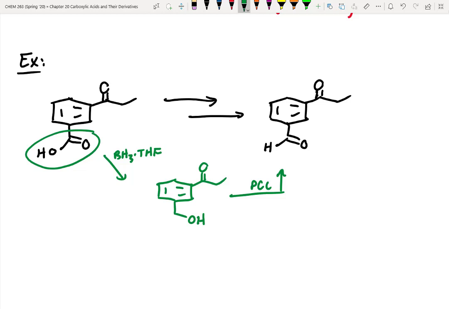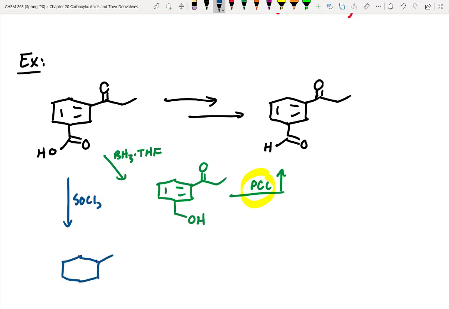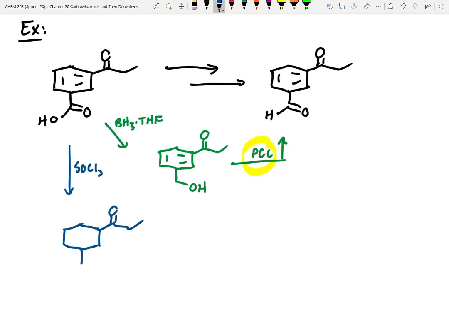The main downside to this is PCC still uses chromium-6. It's pretty nasty stuff. So a workaround now is to react this with SOCl2, convert it to the acid halide, so this would exclusively convert this OH group into a Cl group. And then, whoops, I forgot my double bonds in there.